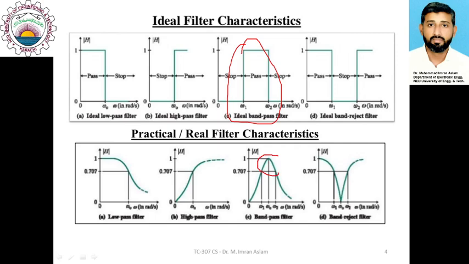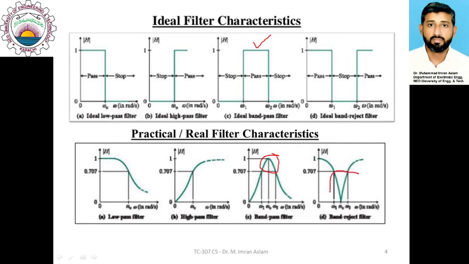So this is the pass band of the system, but you can see that the amplitude response is not constant in the pass band, and it does not reach the pass band abruptly like we see in the ideal response. And similar is the representation for the notch filter.